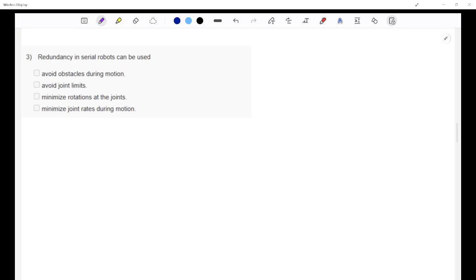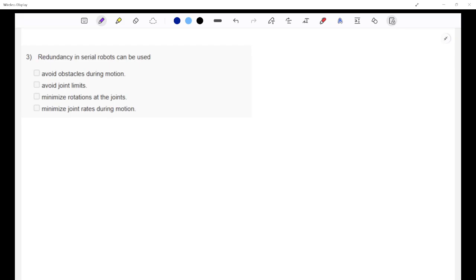Redundancy in serial robots can be used for what? I think this is a simple question. Again, I'm repeating the definition so that it sticks in your head: redundancy means the number of joint degrees of freedom is greater than the degrees of freedom required to do a task.